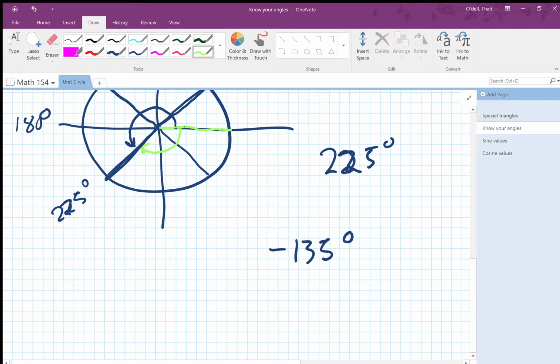I can spin a positive 225 and get to this location, or I can spin negative 135 degrees and get to the same location. These are called coterminal angles, because their terminal sides are in the same place.